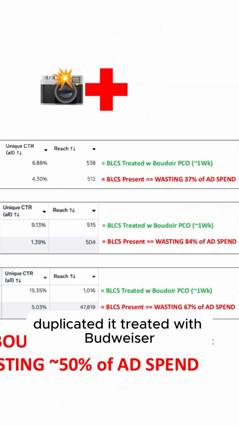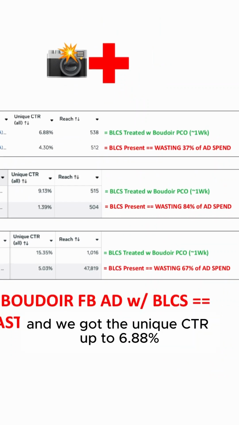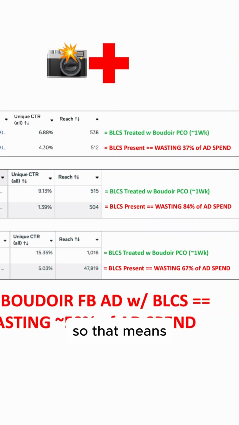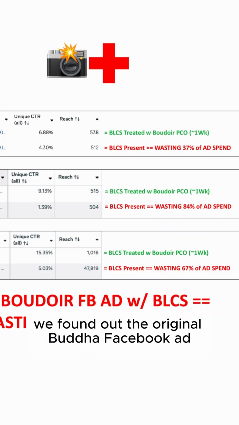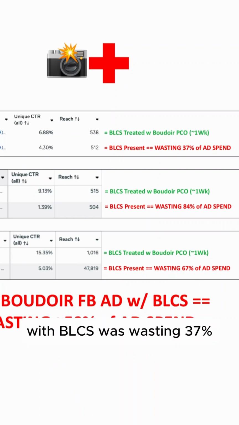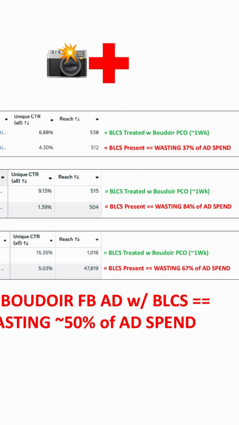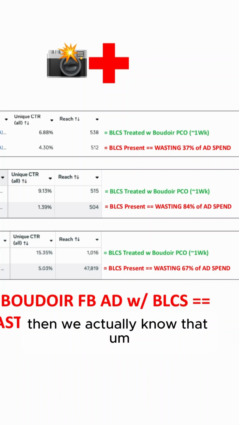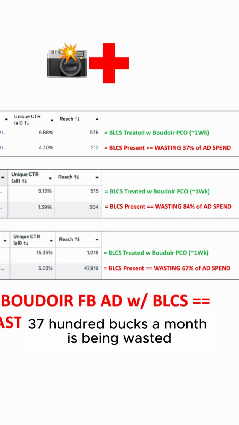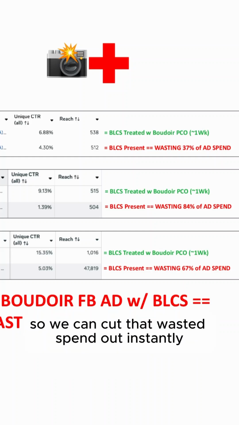Duplicated it, treated with Boudoir Pico, took about a week, and we got the unique CTR all up to 6.88%. So that means we found out the original Boudoir Facebook ad with BLCS was wasting 37% of their ad spend. So if they're spending 10 grand a month on Boudoir Facebook ads, then we actually know that $3,700 a month is being wasted. So we can cut that wasted spend out instantly.